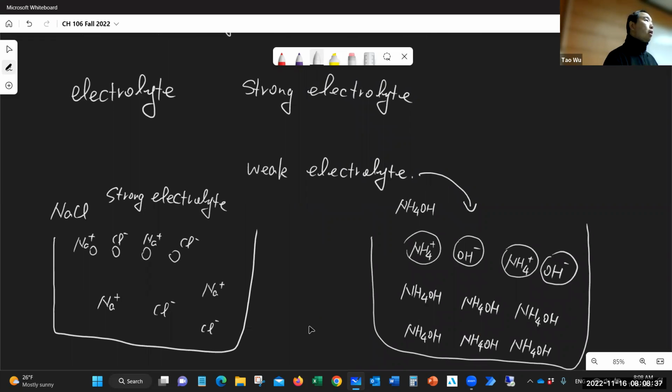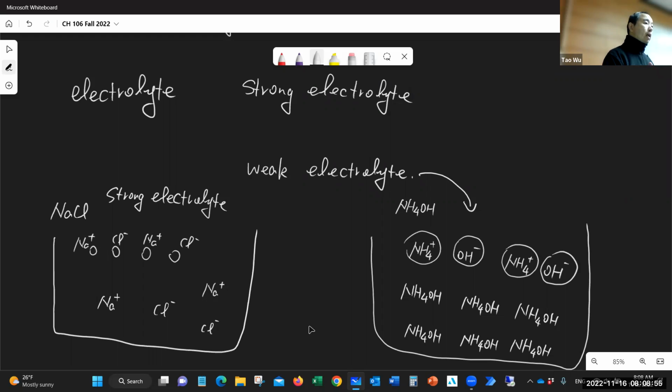And we also talked about what strong electrolytes and weak electrolytes are, and we did the lab on it. Strong electrolytes usually conduct electricity very well.